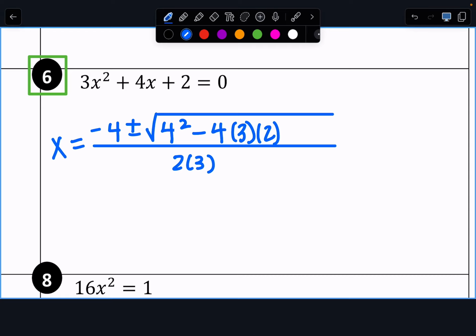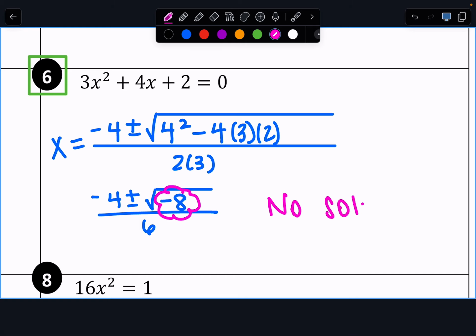What happens underneath the radical? Negative. Because what's 16 minus 24? So negative 8. Oh, sad day. We can't have a negative under the radical, so we have no solution. Our vertex is above, well, this one I know it's above because it opens up, right?